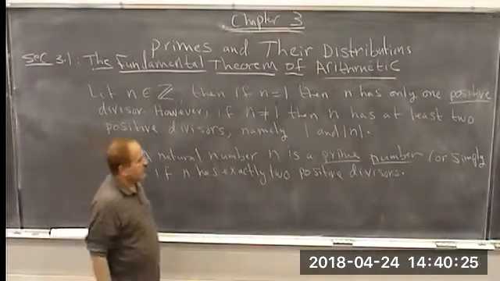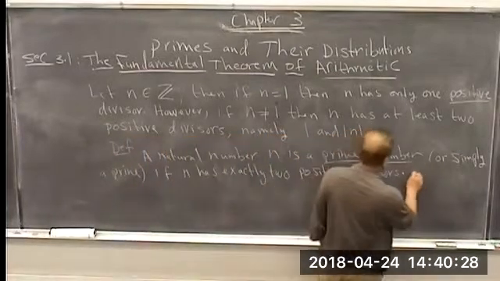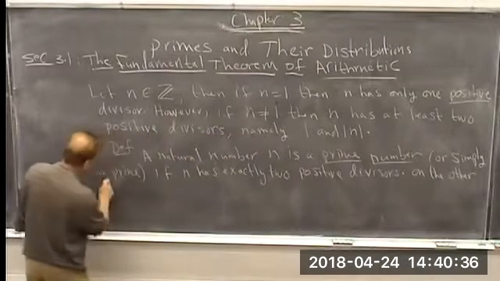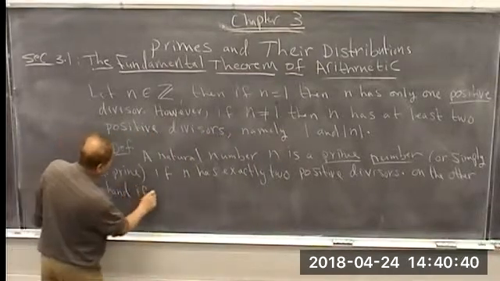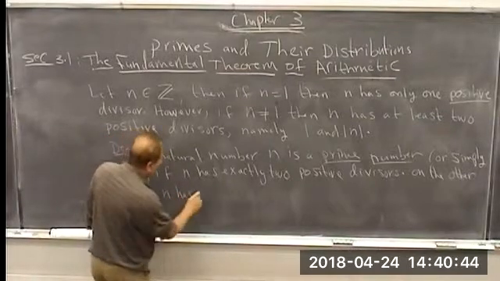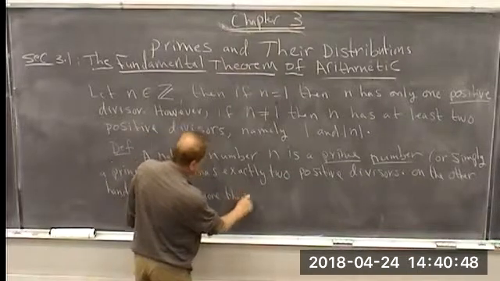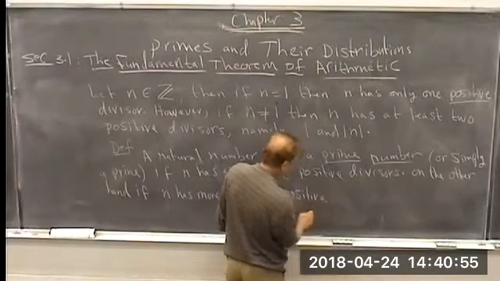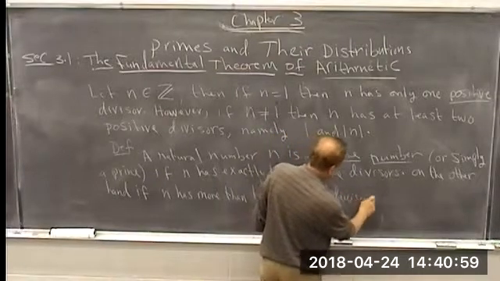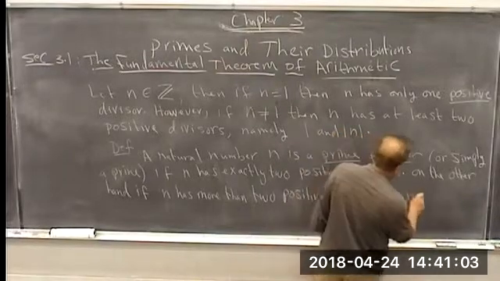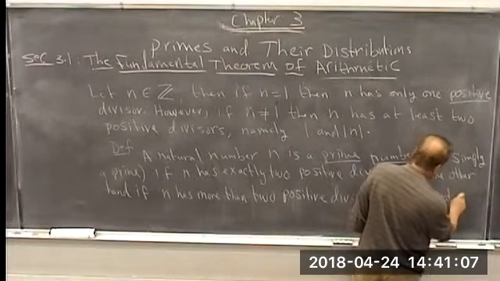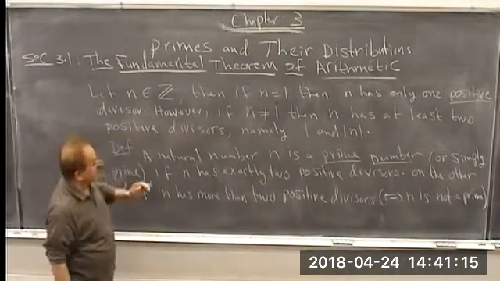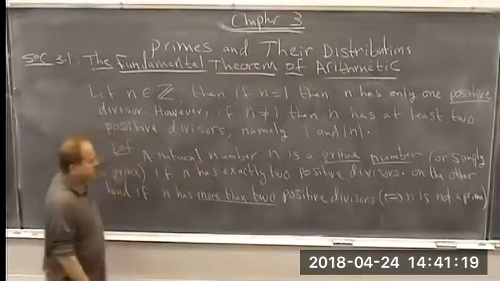On the other hand, if n has more than 2 positive divisors, this is equivalent to saying that n is not a prime, because the first one says it has exactly 2, and this one has more than 2.